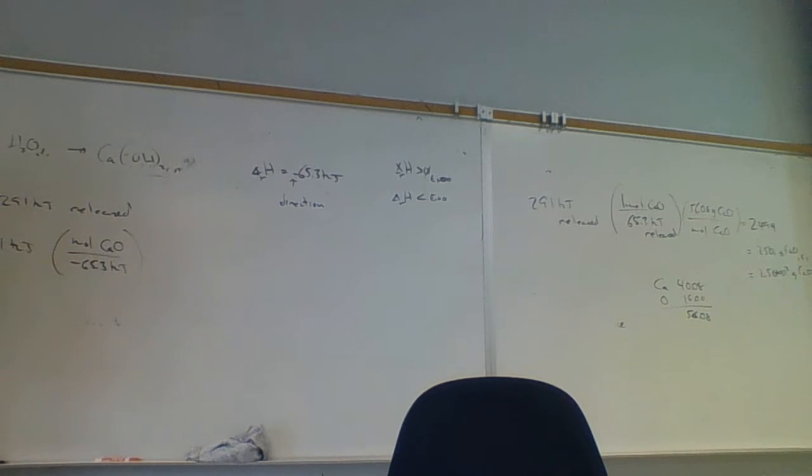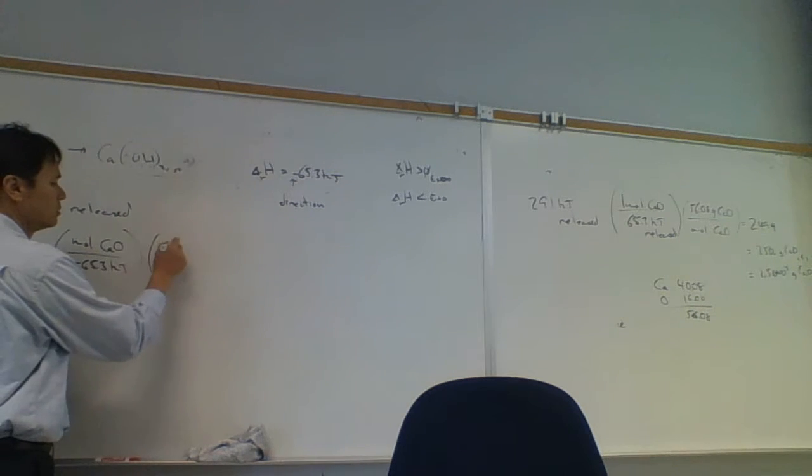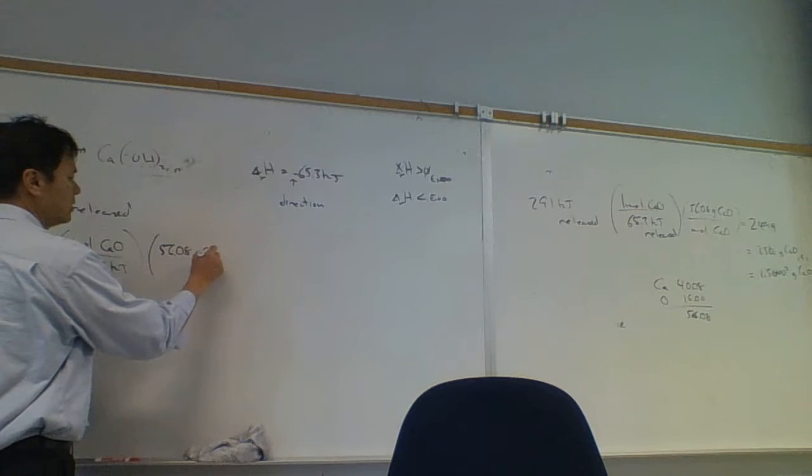If we want to keep track of the sign, we have to assign a sign to the 291, and the sign depends. It's like a $20 bill transferred between your bank account and something else: did you deposit it or did you withdraw it? If it's a withdrawal, we assign a negative sign. If it's a deposit, we assign a positive sign, and this will keep track of the sign. That way, we aren't going to end up with negative 250 grams, which is totally meaningless. This will be 56.08 grams.